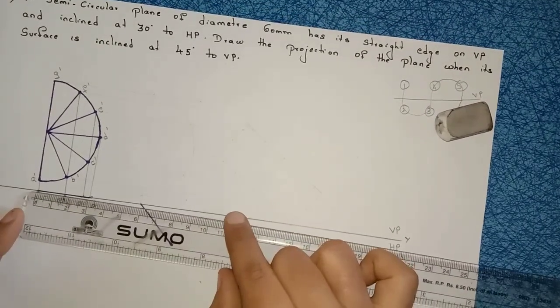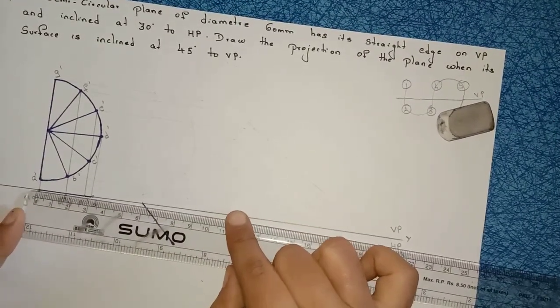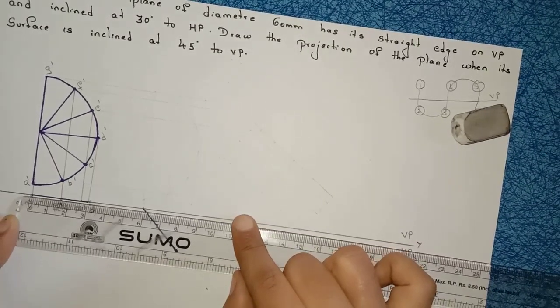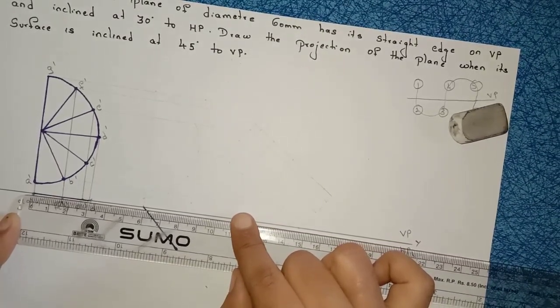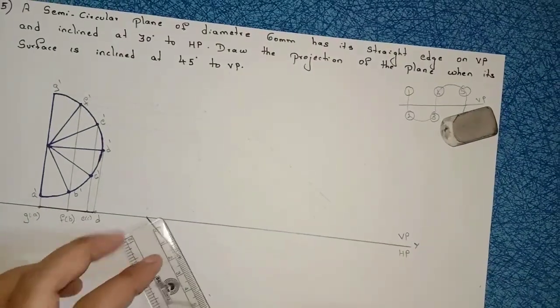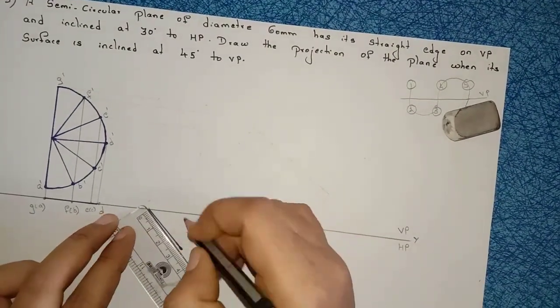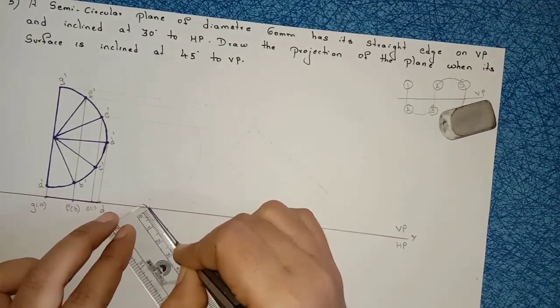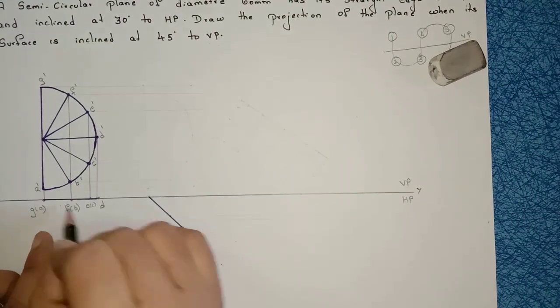Now you see here 0, 1.6, 2.7. So I will mark the points here 0, 1.6, 2.7 and 3. I am marking the points here.